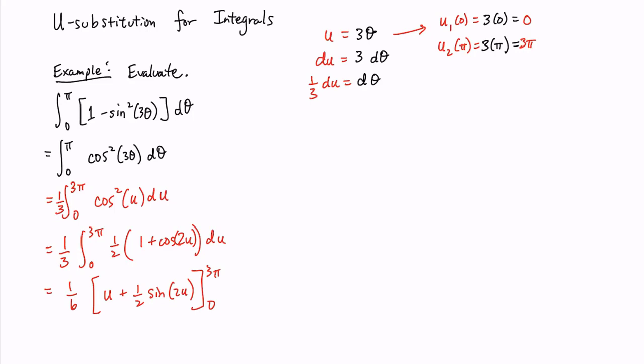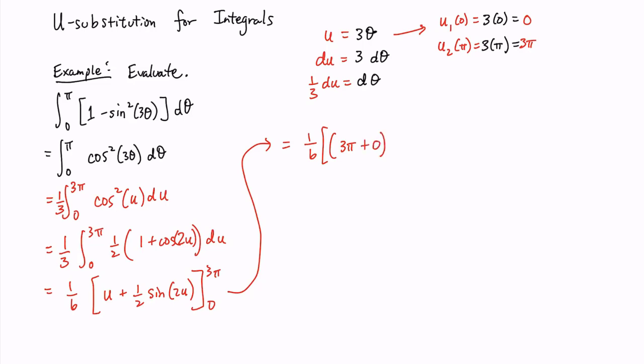Let's keep on evaluating. Let's write it over here, because it seems like I'm starting to run out of room, but make sure you keep things neat. So 3 pi plus 1/2 times the sine of 6 pi, but that's 0.